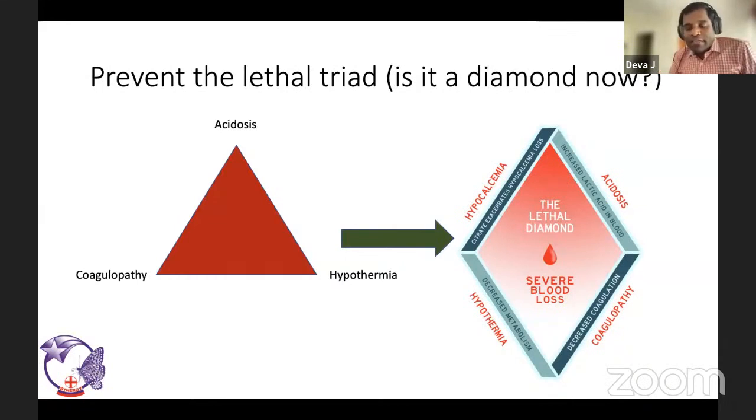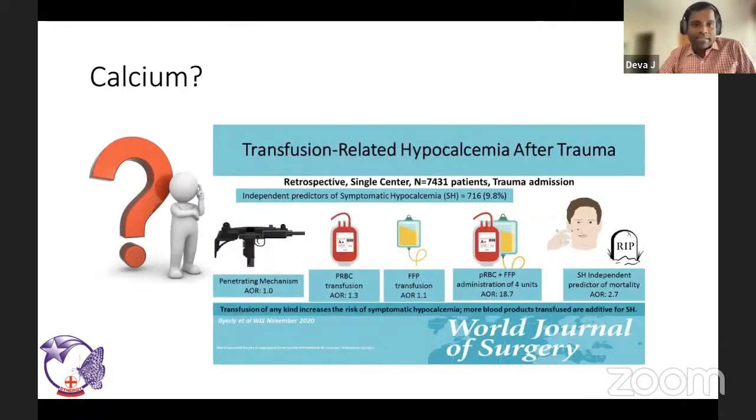I couldn't find any major evidence for this lethal diamond, and I don't believe in it, but it is available, as I mentioned. This is one of the retrospective single center reviews that included about 7,500 patients. What they found was hypocalcemia was an independent predictor of mortality with an adjusted odds ratio of 2.7. This is one of the papers that drove the concept of the tetrad, or the lethal diamond.